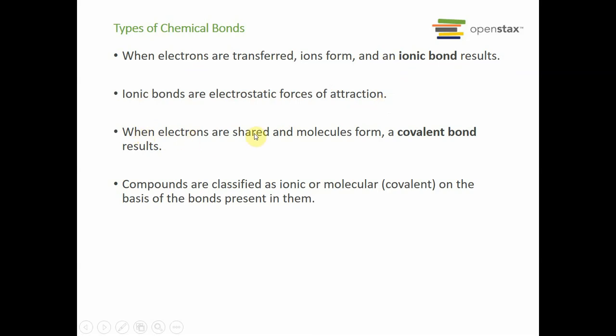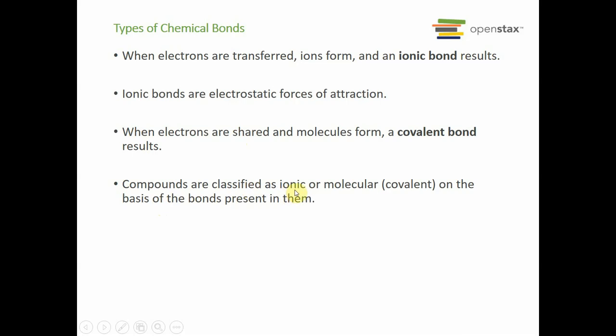When electrons are shared and molecules form, a covalent bond results. I'm trying to think of carbon dioxide. When you burn carbon in oxygen, like a candle flame, you are actually forming molecules of carbon dioxide. And so the electrons are shared between the oxygen and the carbon.